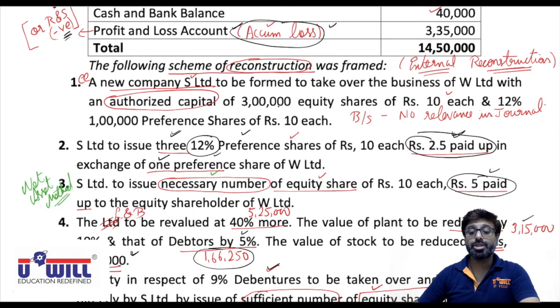3 lakh equity shares of rupees 10 each and 1 lakh 12% preference shares of 10 each. 3 lakhs and 1 lakh.